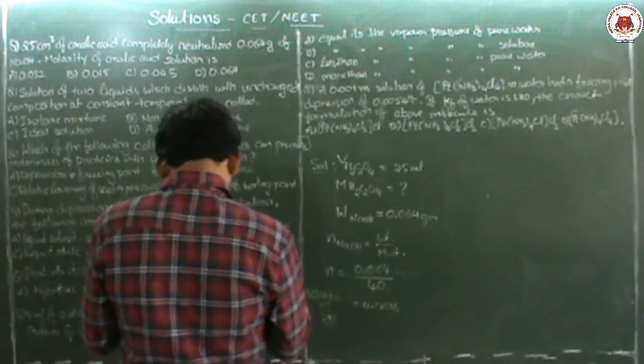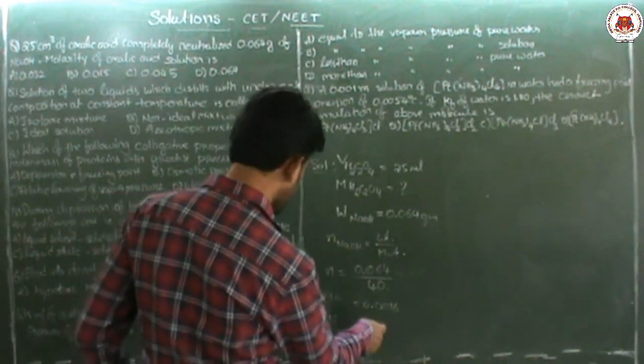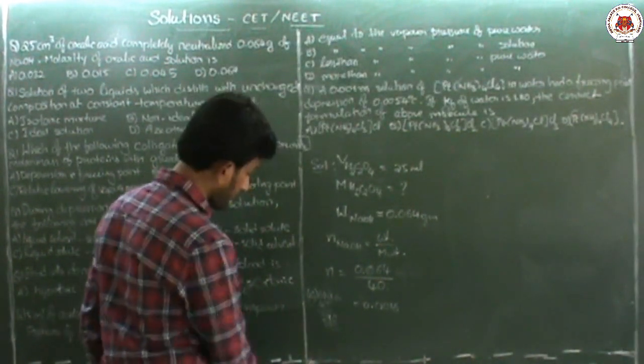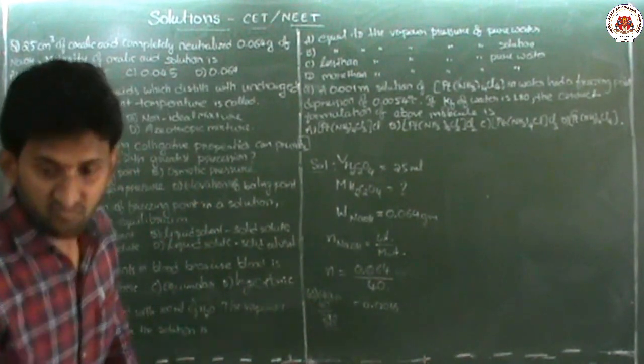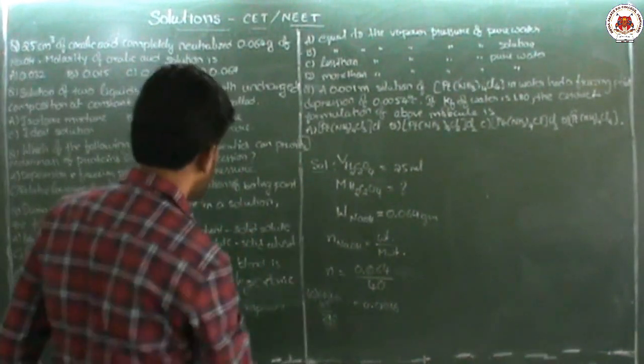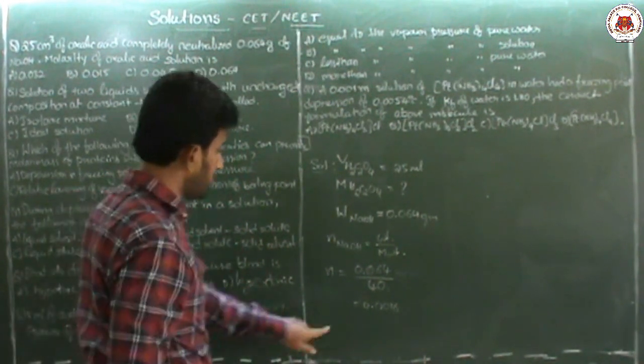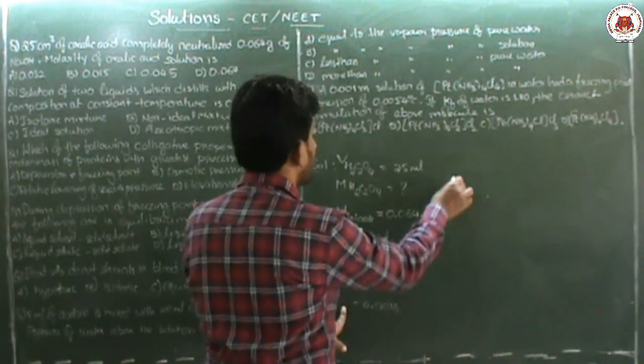Okay? 0.0016. Now you got the number of moles of NaOH.